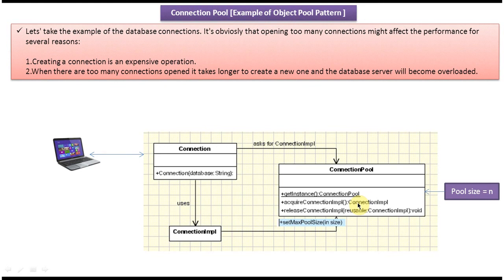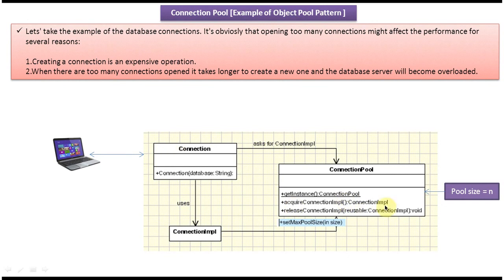If the pool size is 10 and already 8 ConnectionImplementation objects exist, then it will create a new one and send it. But if the pool doesn't have one and we cannot create a new one, this method will wait for a ConnectionImplementation object to become available in the connection pool. That is the work of acquireConnectionImplementation.